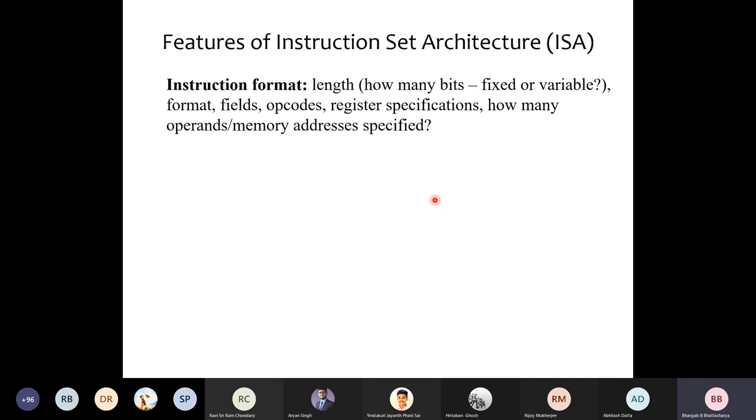And moreover, you should decide what is the instruction formatting. Each instruction would require certain number of bits, right? So the first question is, what is the length of my instruction? How many bits are required in the instruction? Whether it is fixed or variable, that is a fundamental question. Whether all my instruction would comprise the same number of bits or it may be variable.